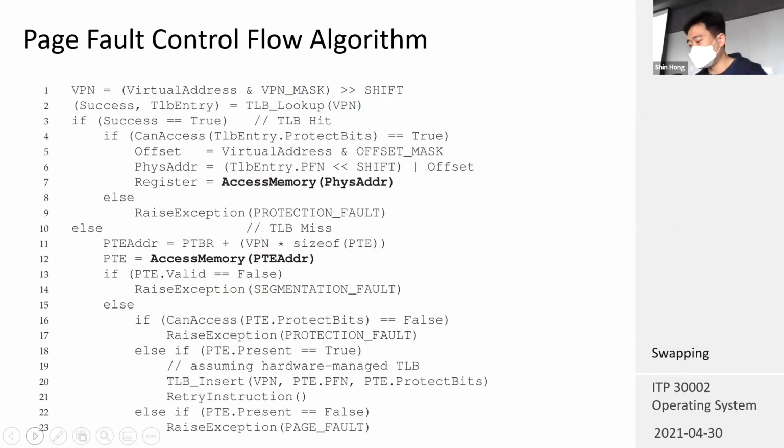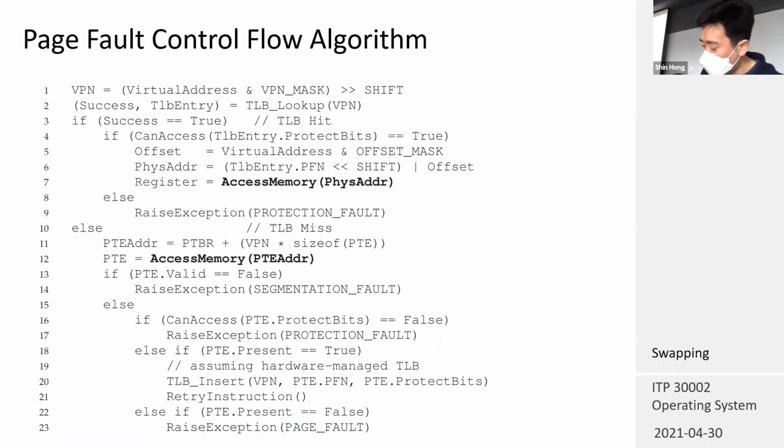Okay, so the page fault control flow algorithm. This is the algorithm of the computer architecture. Note that this one does not work in a sequential manner. This is only a description of hardware functionality. Everything is pretty much the same as what we have for the TLB mechanism and paging mechanism and so forth.